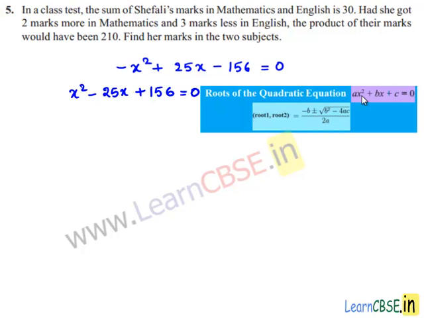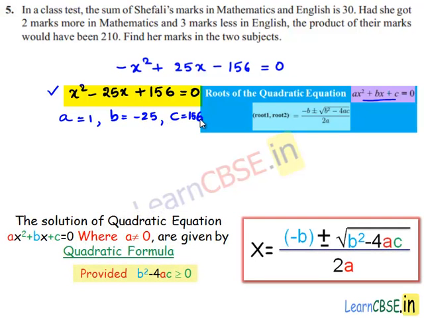If ax square plus bx plus c is a quadratic equation, then the roots are minus b plus or minus square root of b square minus 4ac divided by 2a. So comparing this equation with the standard equation, we get a is equal to 1, b is equal to minus 25 and c is equal to 156.